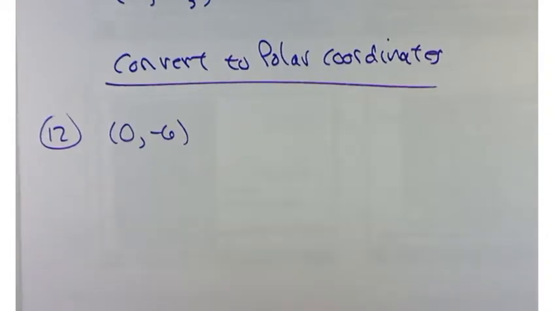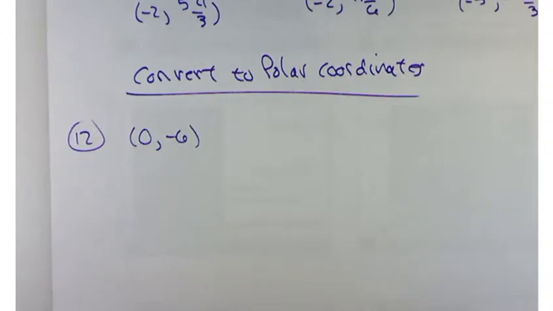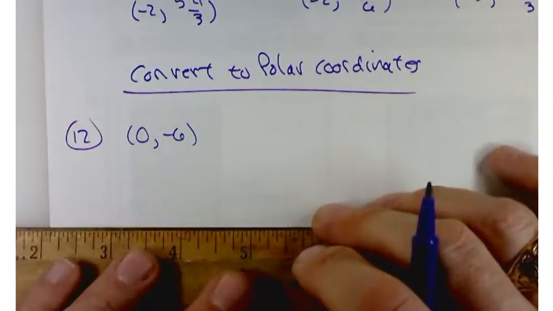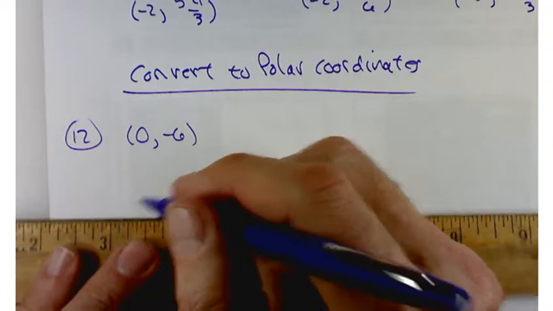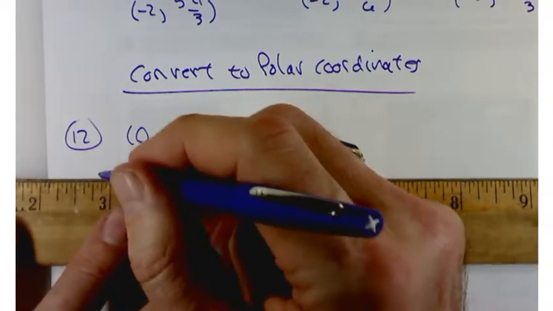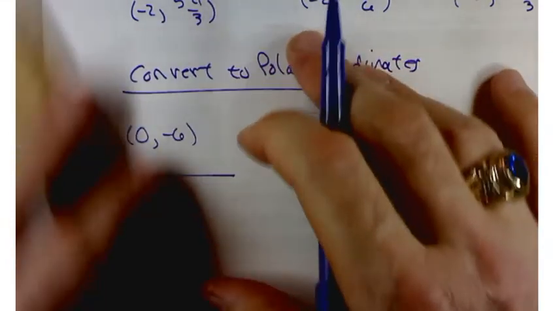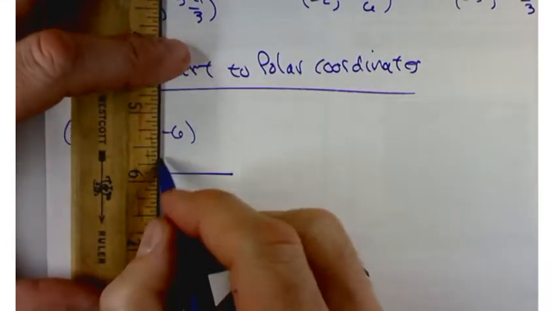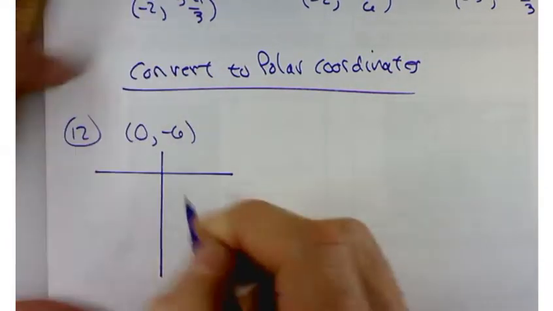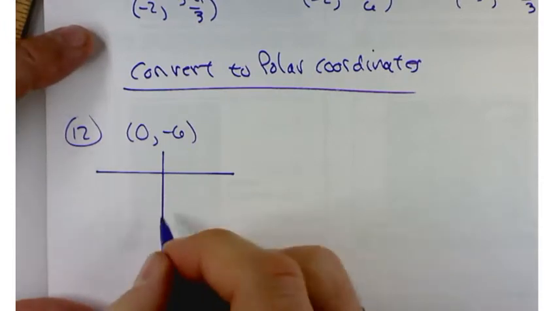Might not be a bad idea to graph this and see where it's at. Where's the point 0, -6 going to be? Yeah, it's going to be down on the y-axis. So down here. And I think we can do this one by inspection.